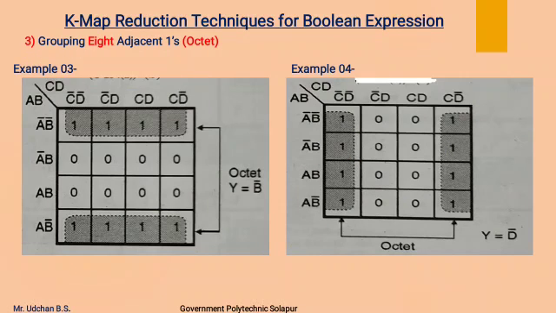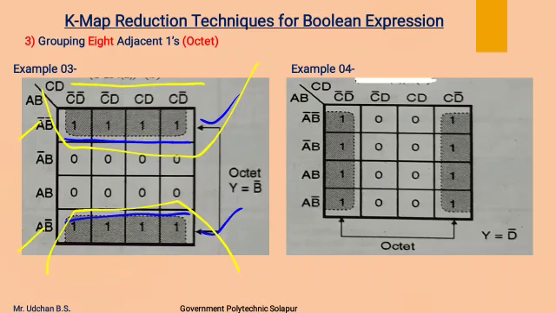Now in the next example we can see these 4 ones and these 4 ones. As these two groups of 4 ones are adjacent with each other, we can form an octet like this. Now the terms related to this octet are, again, A bar B bar and A B bar, and all these 4 terms.